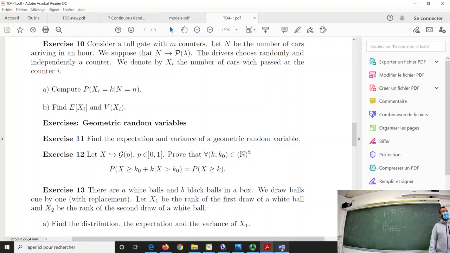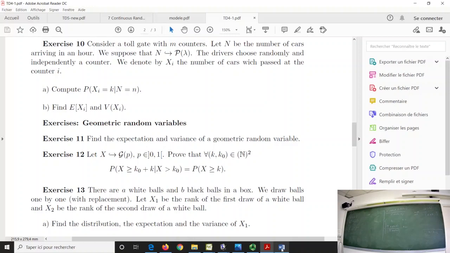I have nowhere in the course classical sums that start from anything other than 0 or 1. The idea is to come back to classical sums that I know. And to do this, I will change my index, in order to make this sum start from 1.